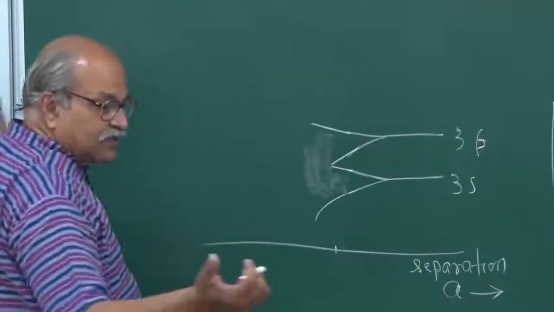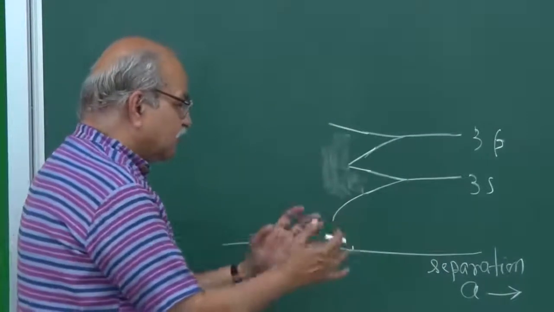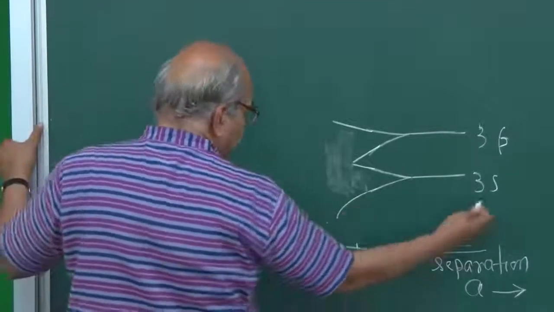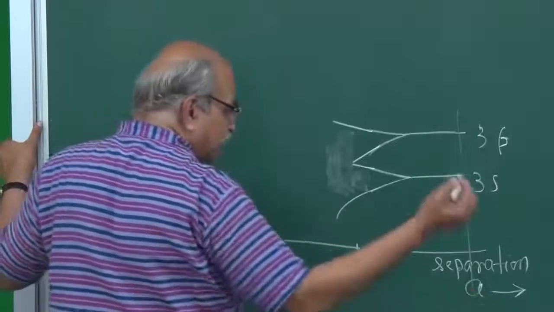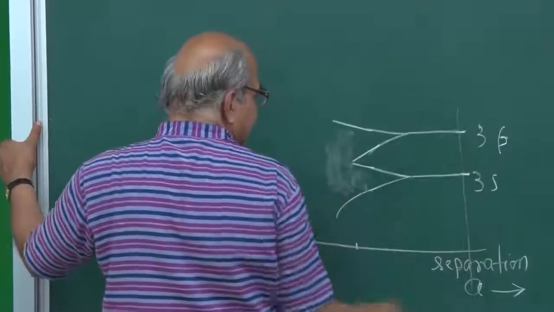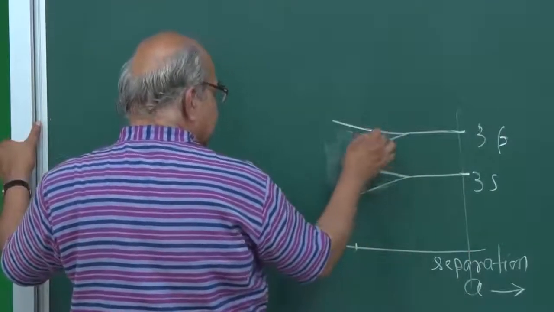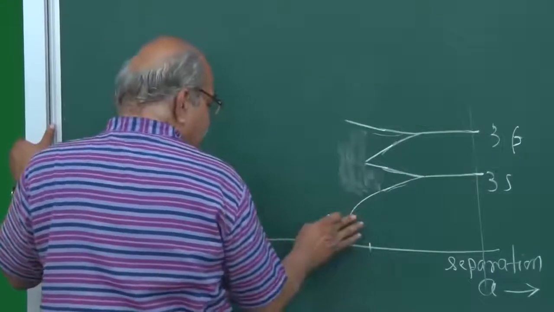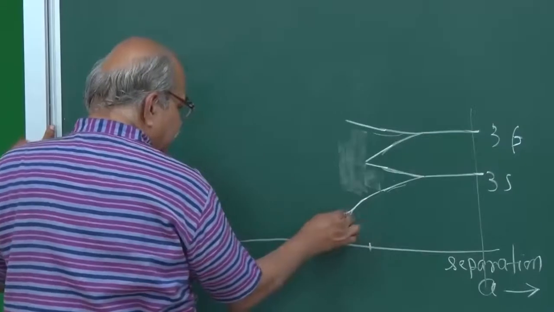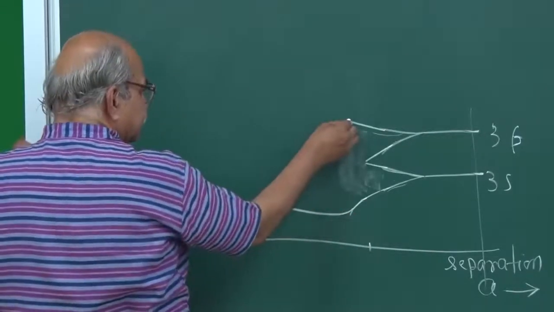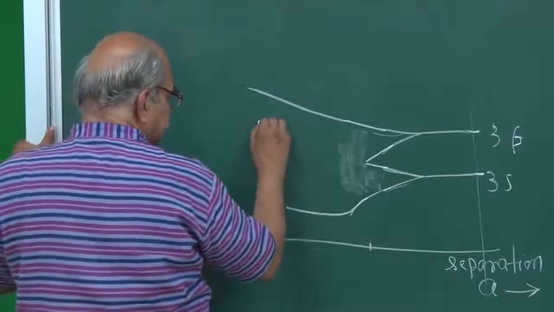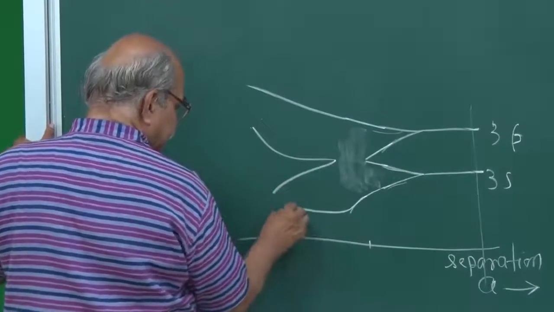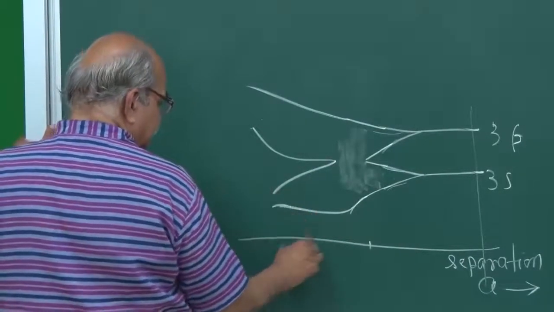You can take lattice parameter A as the measure of average separation between neighboring silicons. If the separation is large, it's a vapor, non-interacting, it is 3s 3p. Then here this is the 3s band, this is the 3p band, broadened but still 3s 3p. After that it gets mixed up. And once it is like this, then if you reduce the separation further, it goes like this. Something of this sort. And the actual separation may be somewhere here.